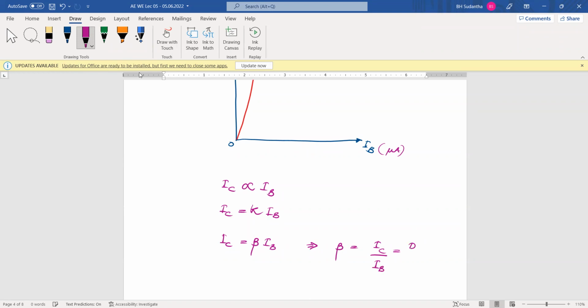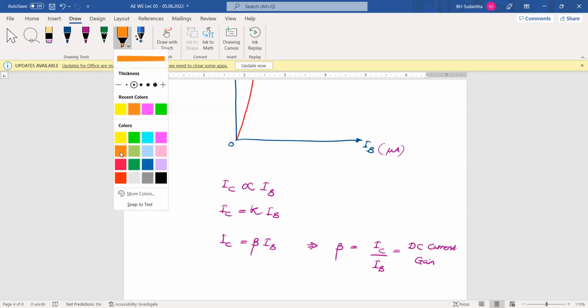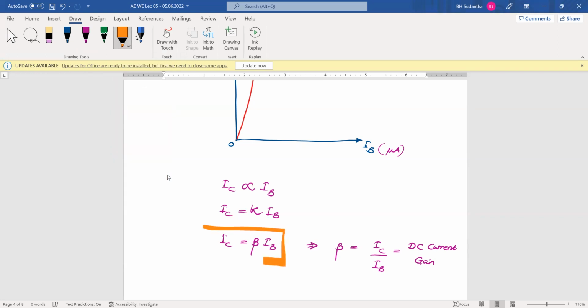We say this is the DC current gain. Then beta is the DC current gain of the transistor. And this is the relationship we have to remember.